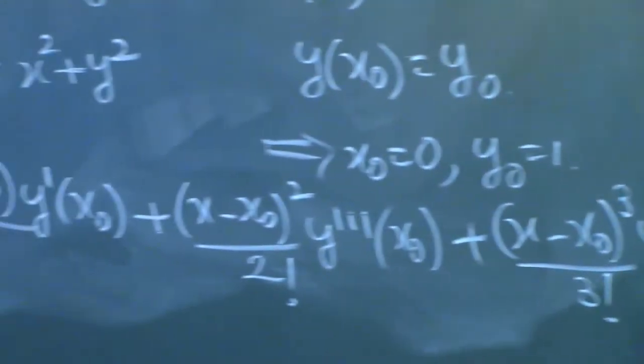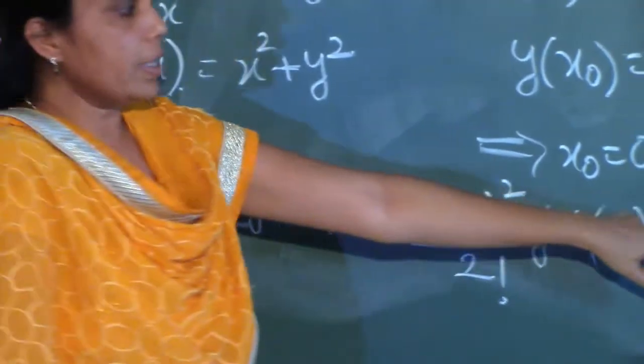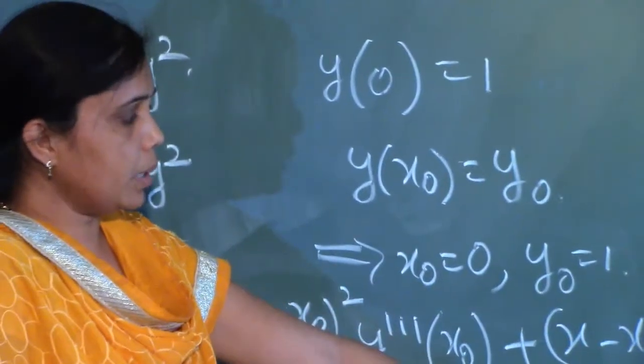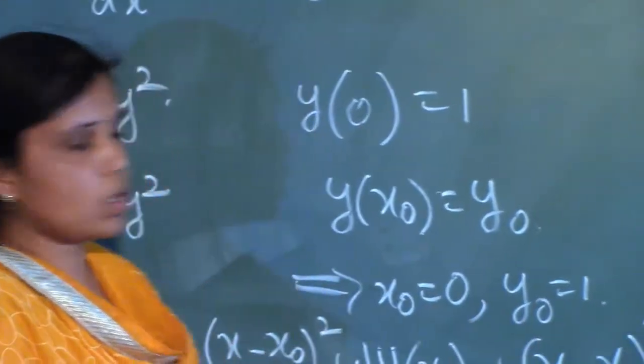As the question is up to third degree, we have to stop at (x minus x naught) whole to the power 3 by 3 factorial y triple dash of x naught.